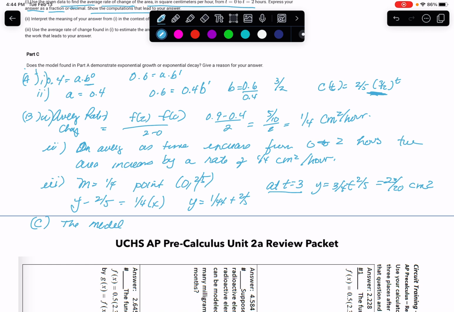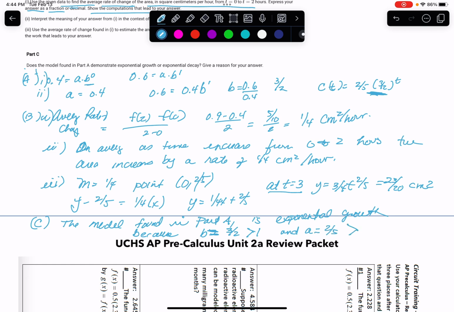So the model found in part A is exponential growth, and say why. Remember, because B is greater than 1. B is equal to 3/2, which is greater than 1, and A equals 2/5, which is greater than 0.